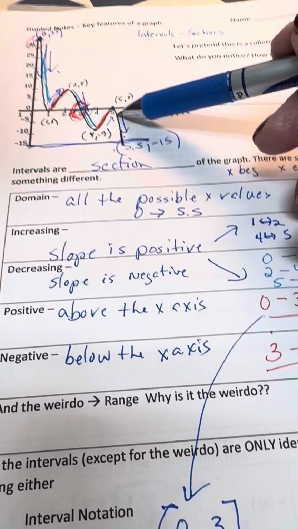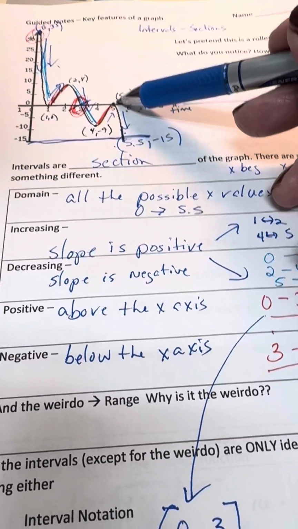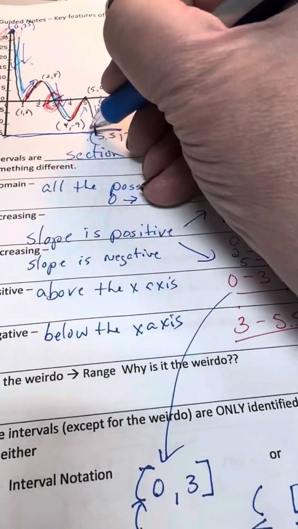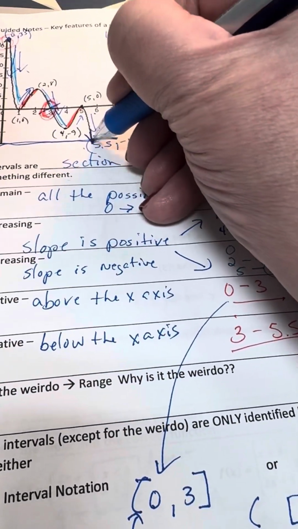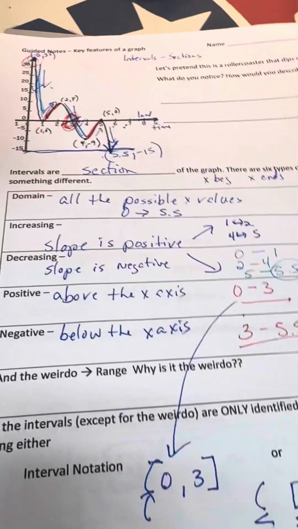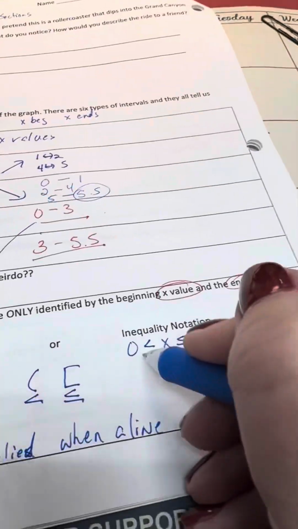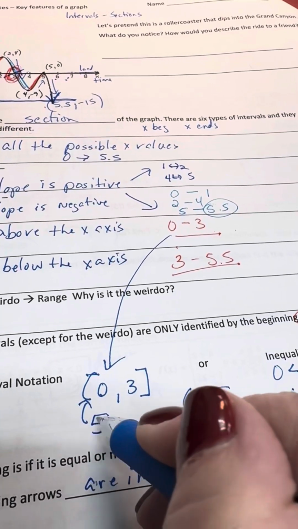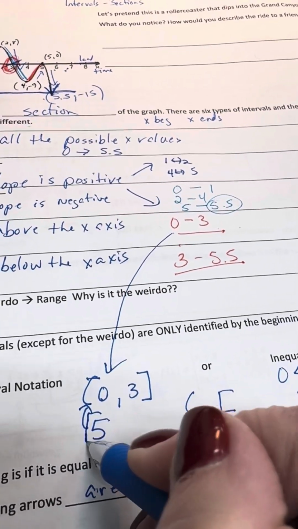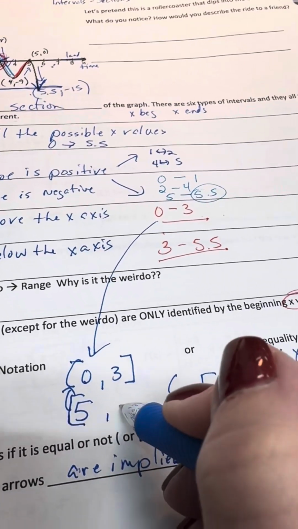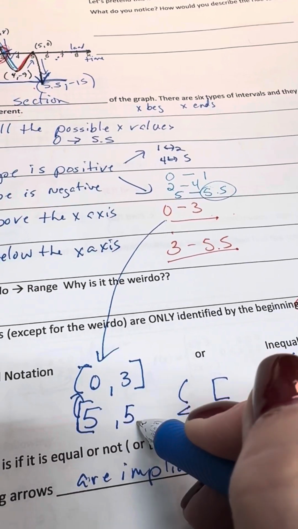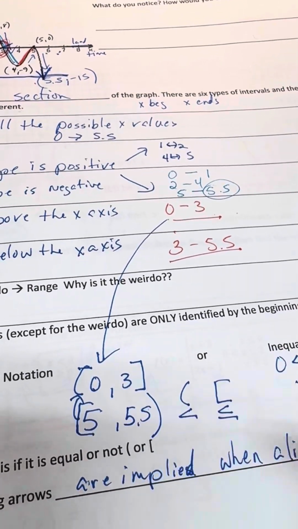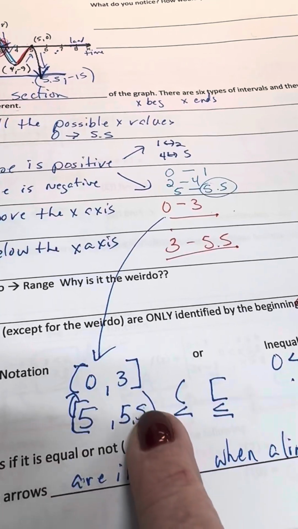So if I'm looking, for example, if this section right here from 5, and we're assuming that this goes down forever, which in our example couldn't happen, but it would be starting at 5, where it was true at 5, and then it went down forever to 5.5, and you never, ever, ever have a bracket where there's an arrow.